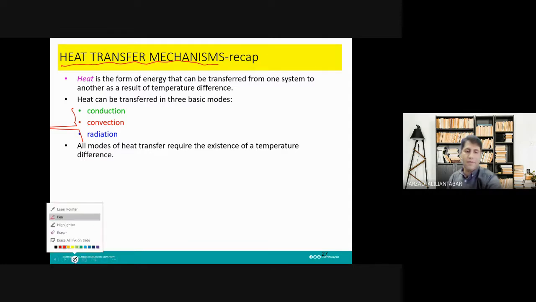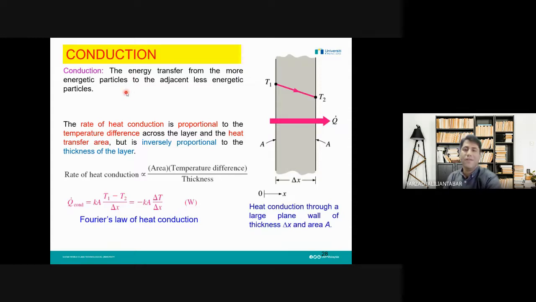The common property for these three types of heat transfer is the requirement for a temperature difference between two media. First, let's talk about conduction as the most common type of heat transfer.